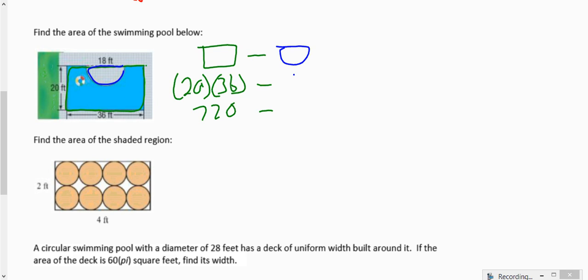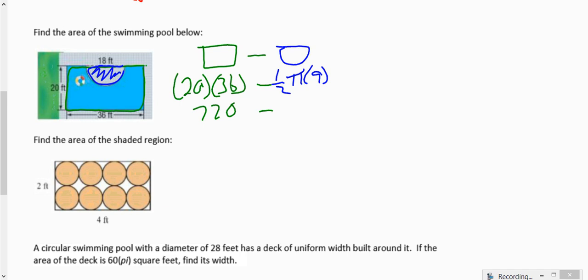Now, the formula for the area of a circle is pi r squared. So the diameter is given as 18, the radius will be 9. But that's the area of a full circle, so it's going to have to be times pi, but then we have to take it times a half, because we actually have a half circle.